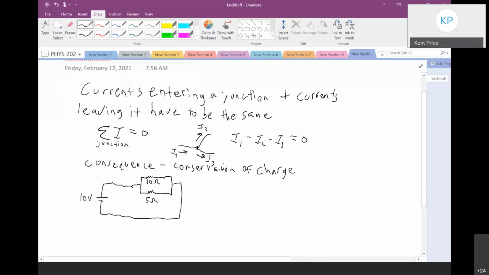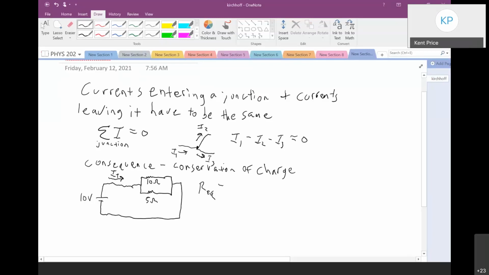If I wanted to figure out the total current, IT, I could first figure out the equivalent resistance of those two.